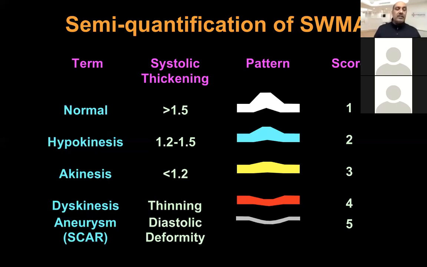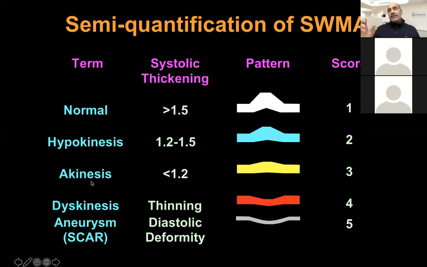Hypokinesia is a situation where, even if we don't calculate the thickness change, you look at contractility and you'll say this segment is contracting. That means you can see the change in thickness, but it is not normal. Then that segment is hypokinesia.